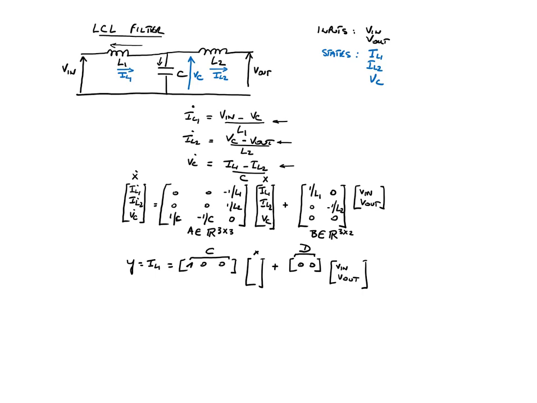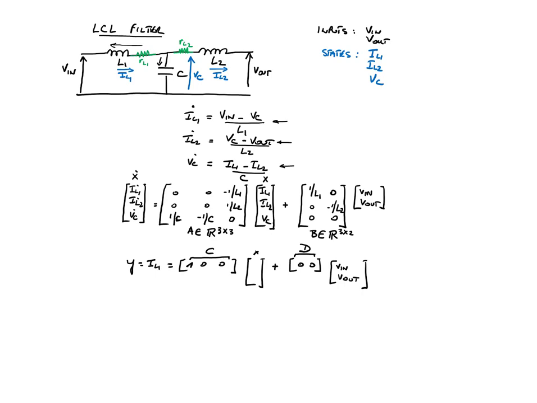Let us make a small change in our system. In reality, the inductor will not be perfect, so there will be a resistor here in series, and we'll call it RL1, and similarly we'll have one over here and we'll call it RL2.